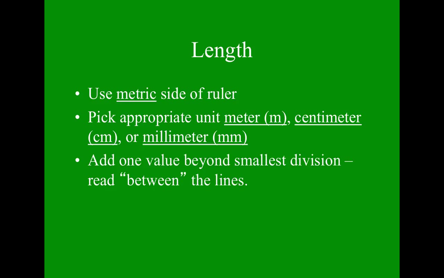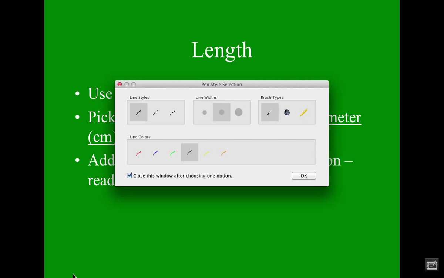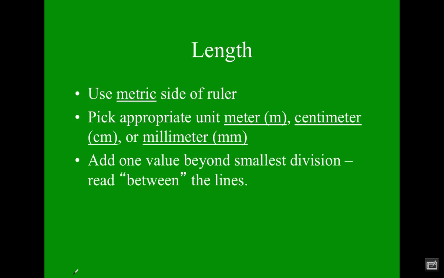When you measure, you always add one value, a guess, that goes beyond the smallest division. So what you're trying to do is actually read in between the lines. So what does that mean? Well, if I'm measuring in meters, and I'm recording my measurement in meters, then any numbers that come before the decimal point are whole meters.